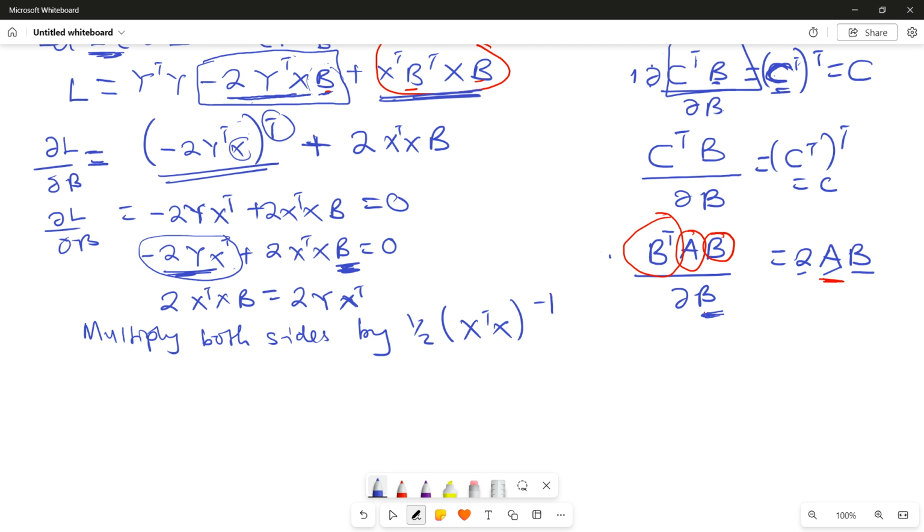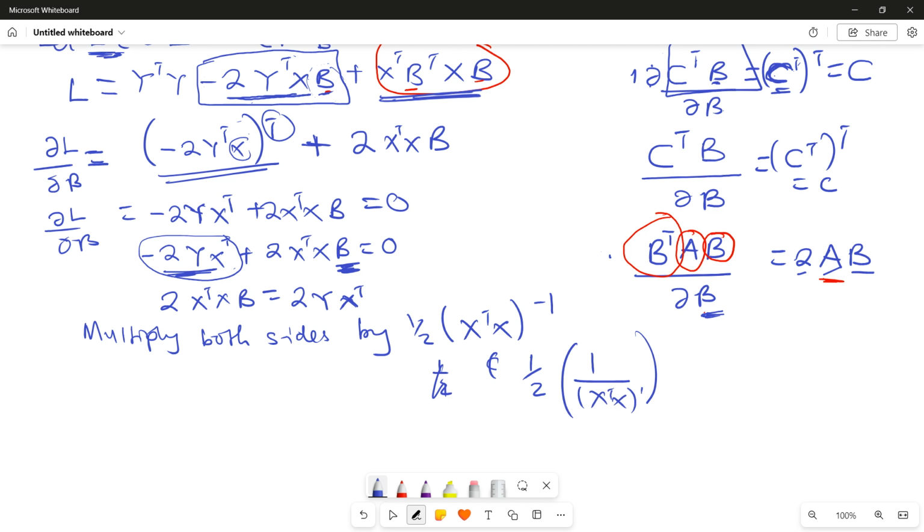then look, x transpose x inverse is more like we are saying half x transpose x inverse, it's more like 1/2 multiplied by 1/x transpose x, then to the power 1, right?